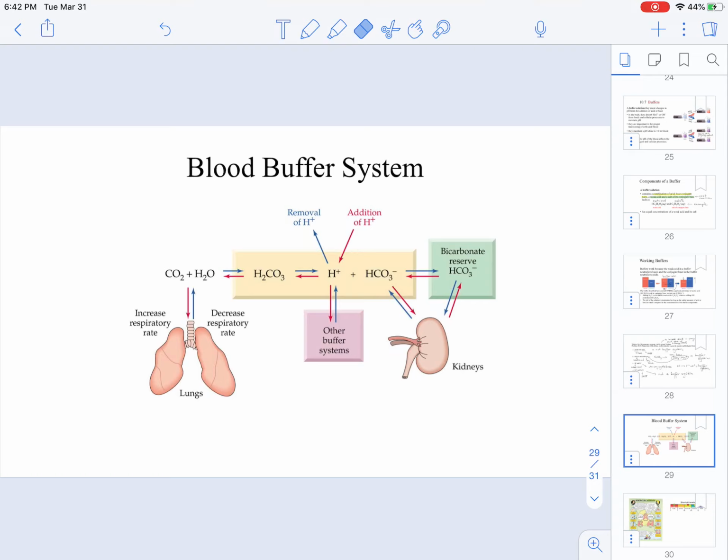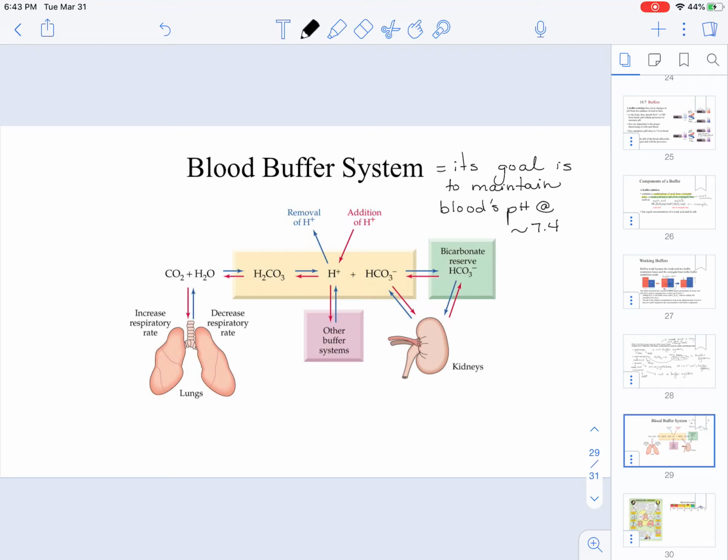The blood buffer system's goal is to maintain blood's pH at around 7.4, because blood pH has a range of 7.35 to 7.45. So if we find an intermediate number, that's why we refer to it as 7.4.